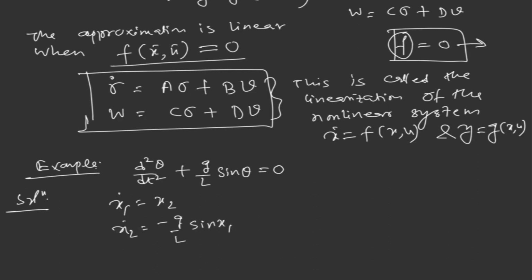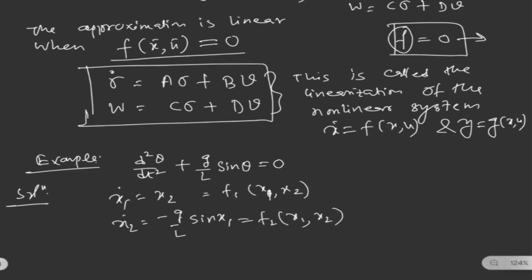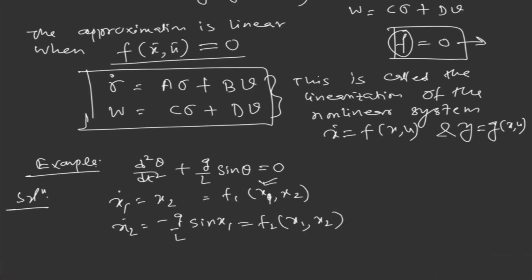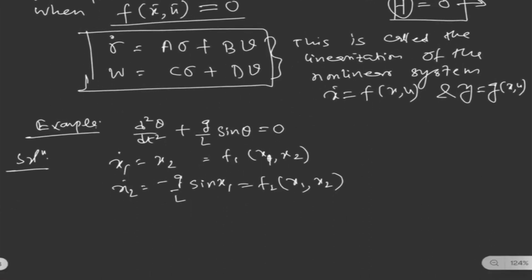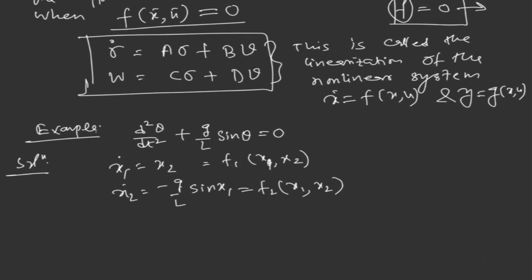This we have done before. If you denote this as f1(x1, x2) and f2(x1, x2), this is my function, and if we apply the concept of linearization, we can come up with the linear form.